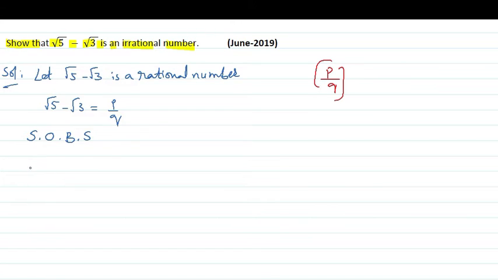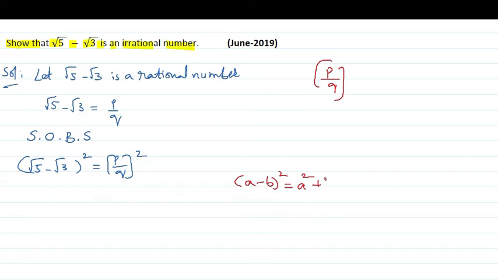So what will it become now? Root 5 minus root 3 whole square is equal to p by q whole square. Now here you can see the (a minus b) whole square formula: a minus b whole square is equal to a square plus b square minus 2ab.